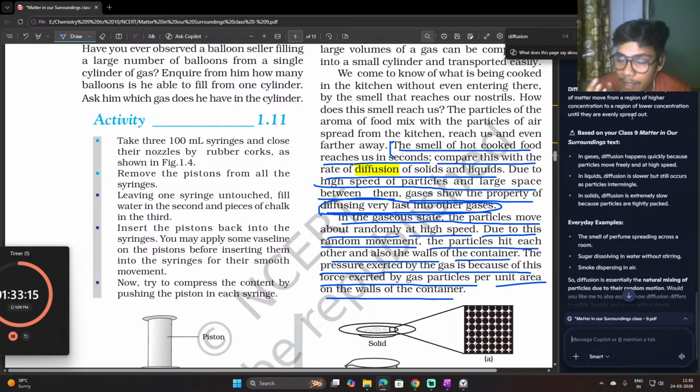They go from higher concentration to lower concentration and spread out. That's why we smell cooked food or perfume, because they quickly spread out. That's called diffusion.